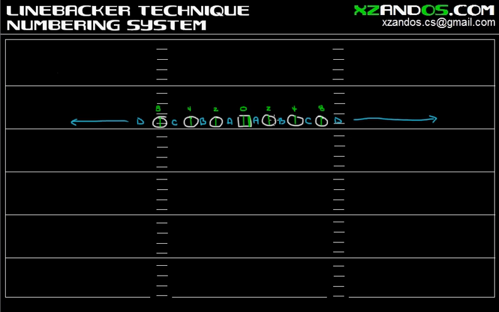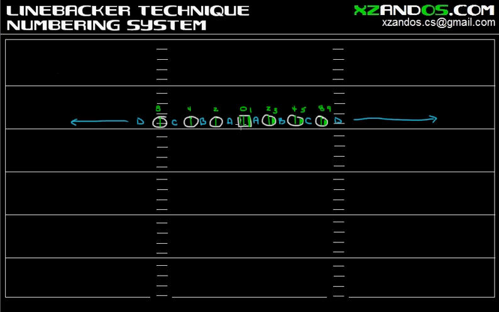Let's move into outside shades, starting with the center. Outside shades, where a player is playing in the gap, as we say, in the gap. Outside shades are all odd numbers, so we have 1, 3, 5, and 9.